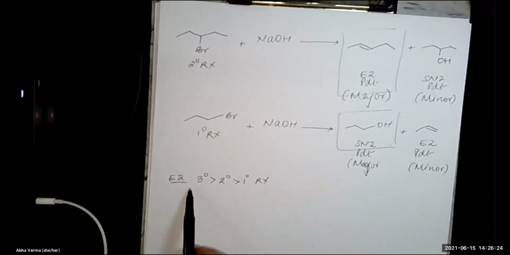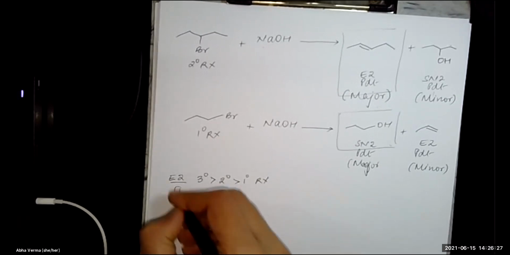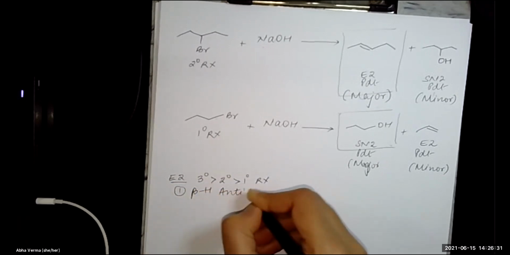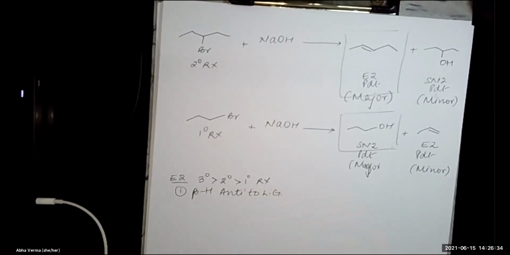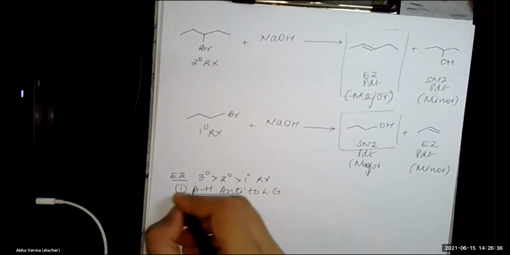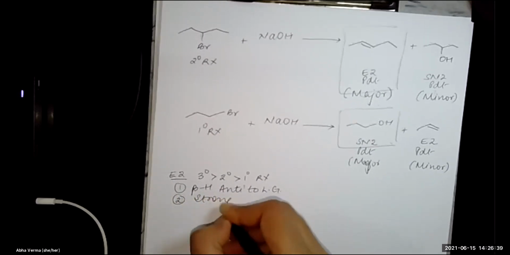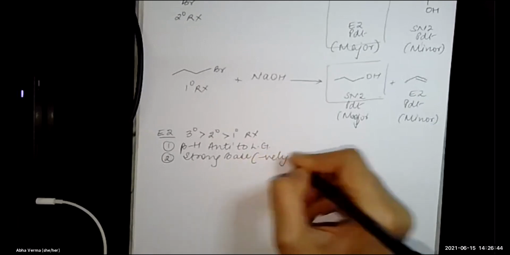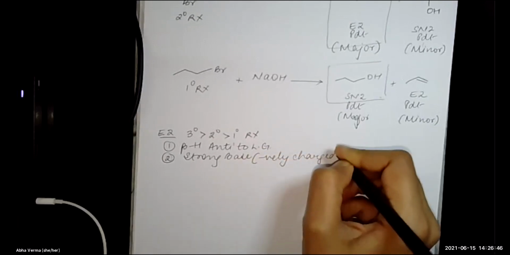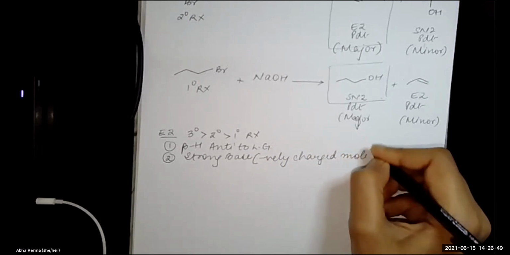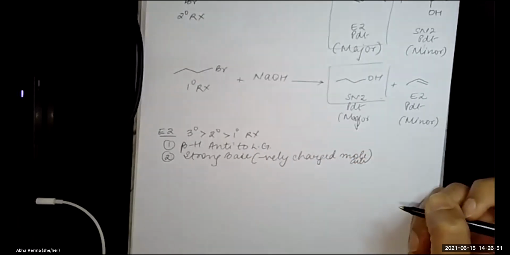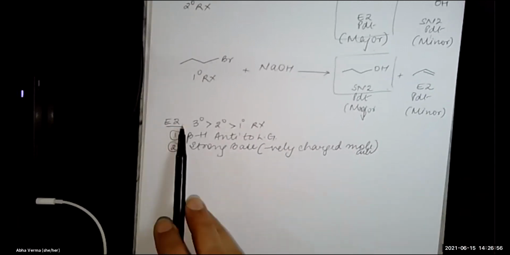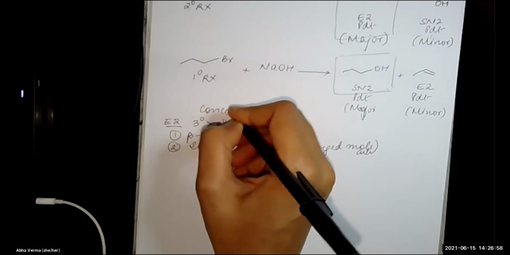The only condition that E2 needs is an anti hydrogen to your leaving group. And it also needs a strong base. When I say a strong base, I'm just indicating a negatively charged molecule. Otherwise, the E2 is also a concerted mechanism.